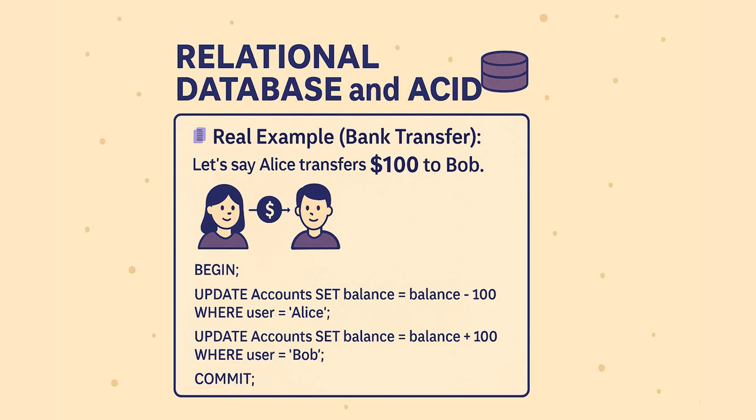If the system crashes halfway, after taking the money from Alice but before giving it to Bob, ACID ensures that both actions are cancelled, not just one. No money is lost, no account is corrupted.